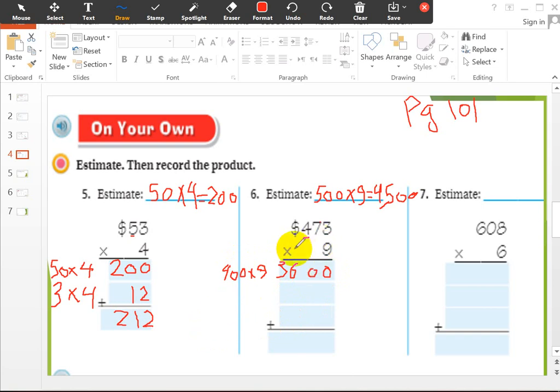Now, after that, I will multiply 9 with 7. 7 is in the tens digit. That means the value of the 7 will be 70, because 7 multiplied by 10 equals 70. So I will multiply 9 with 70. 7 multiply 9 equals what? 63.